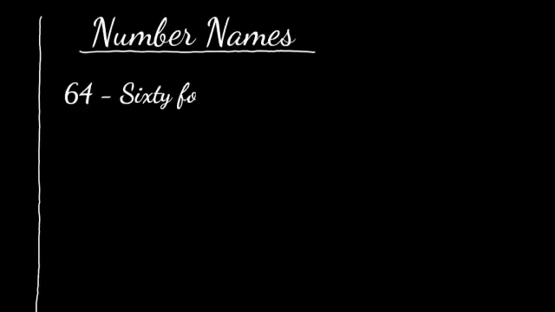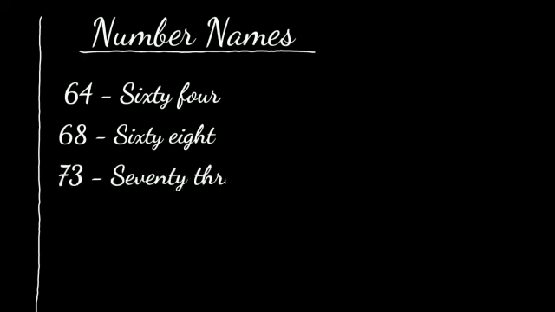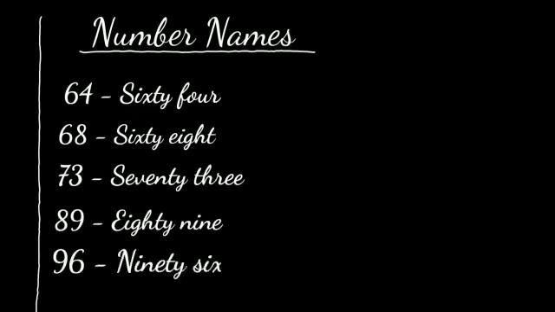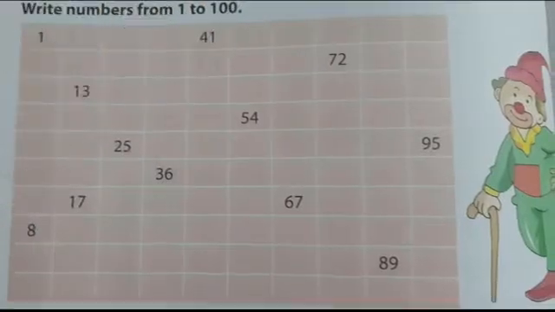Now some examples I am giving. Like 64, SIXTY 60 and 4. In 68, SIXTY 60 and 8. In 73, SEVENTY 70 THREE 3. In 89, EIGHTY 80 NINE 9. 96, NINETY 90 SIX 6.